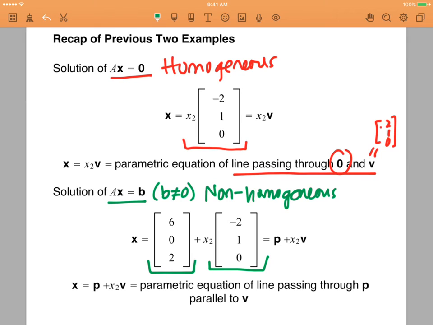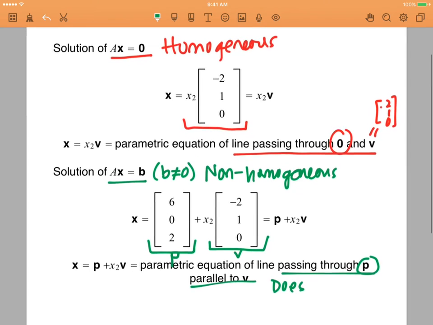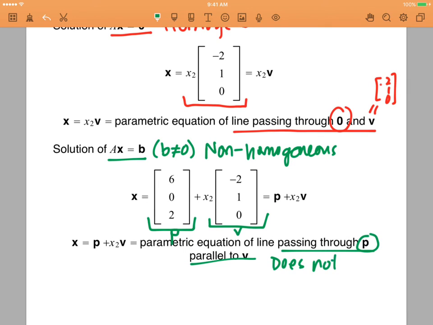And that means that your line goes, so this is actually called P, and that's called V. So then your solution set goes through P and V, and it does not pass through 0. Okay.